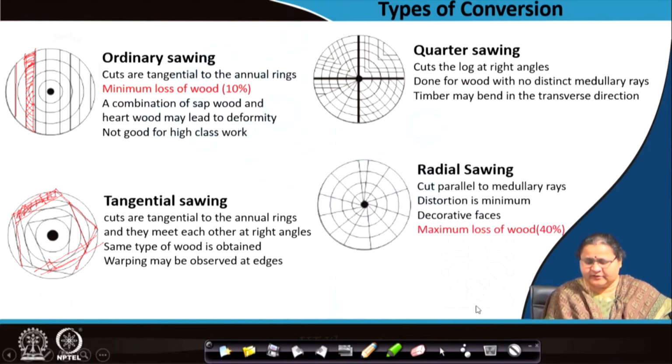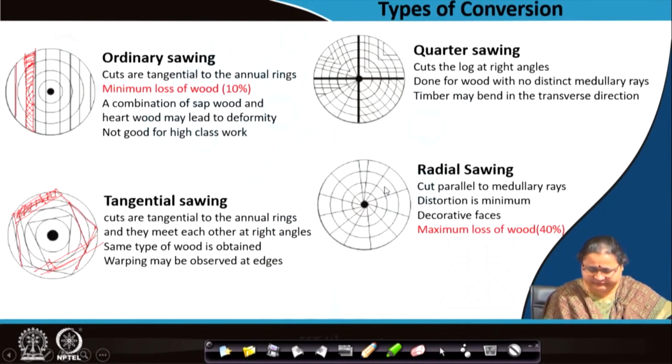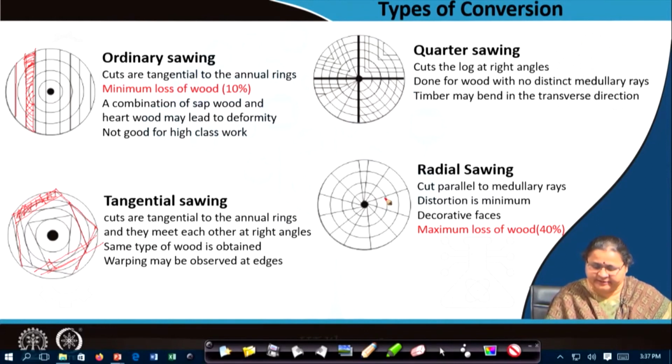Next you have the radial sawing. This is considered to be giving you the best kind of wood. Now why? Because you are moving radially, you are getting pieces which you can take out in this way.